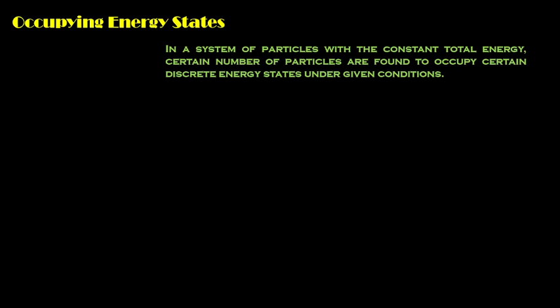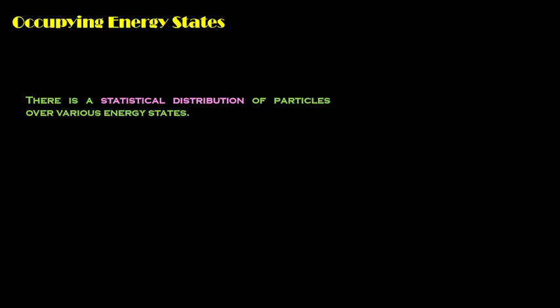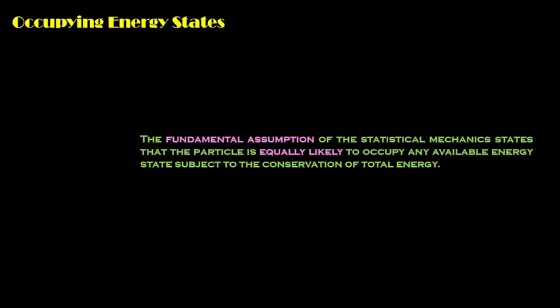In a system of particles with constant total energy, a certain number of particles are found to occupy certain discrete energy states under given conditions. There is a statistical distribution of particles over various energy states. The fundamental assumption of statistical mechanics states that a particle is equally likely to occupy any available energy state subject to the conservation of total energy.